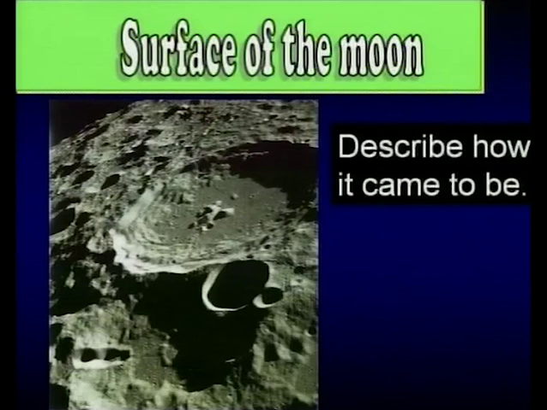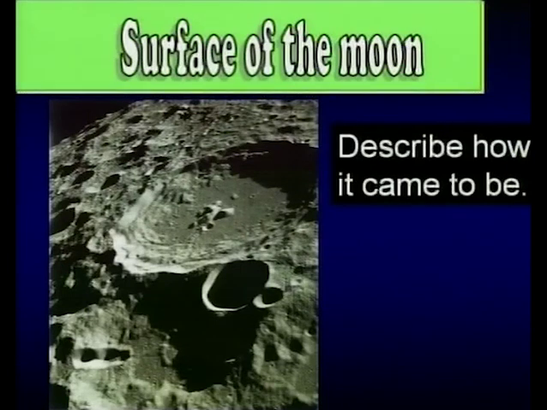The moon as we see at night, the part that we see is only the front side. That is the same part that we see every time it shines.